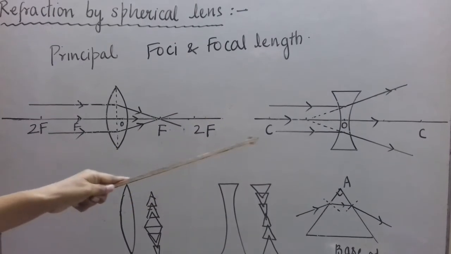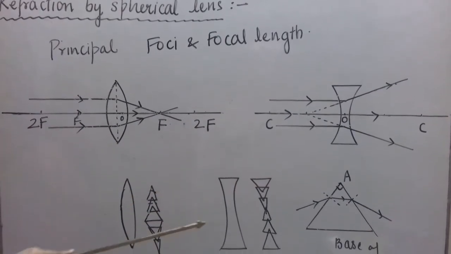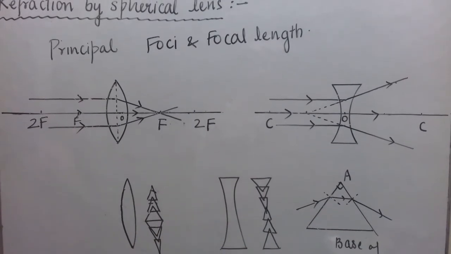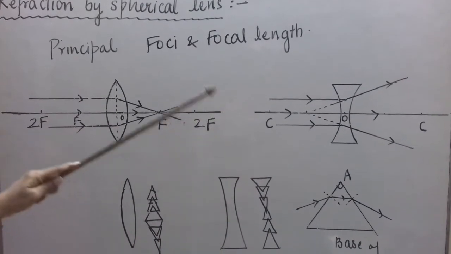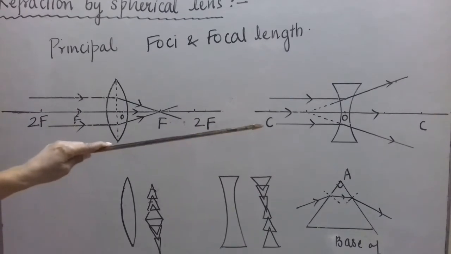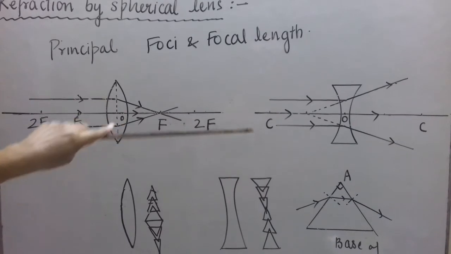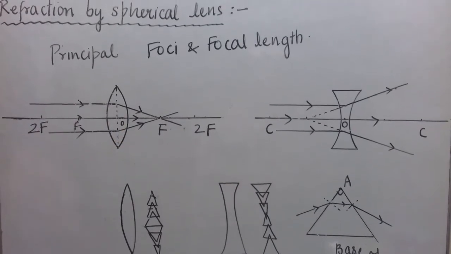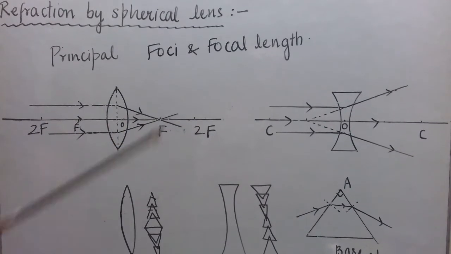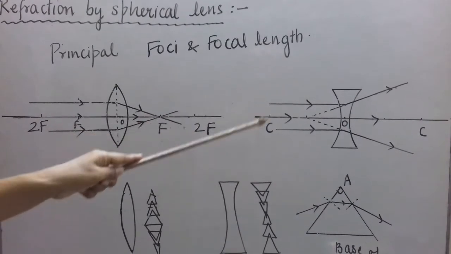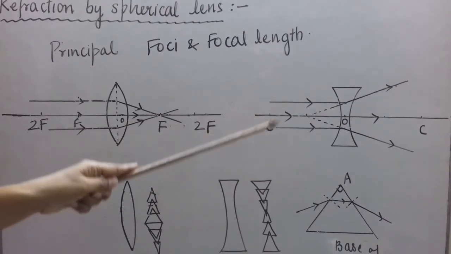Similarly, when I take a ray below the principal axis, the prisms below the principal axis have their bases away from the principal axis. So again the rays are going to bend towards the base, that is, away from the principal axis, as I have shown. And we can say that these rays appear to meet; they will not meet on the right hand side, we can see that they are diverging.